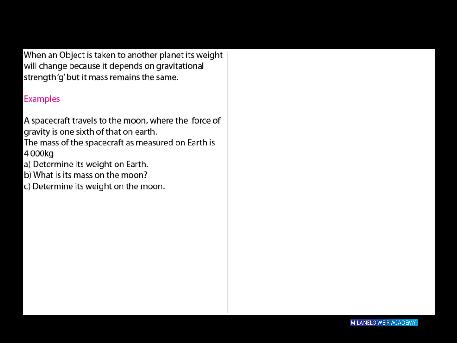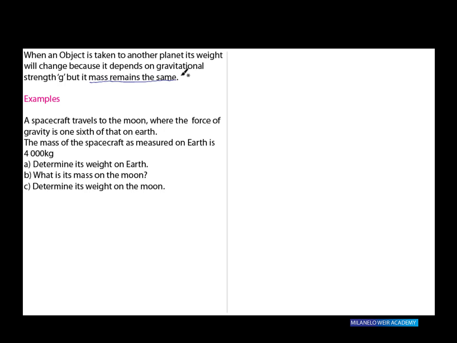So here now we are saying when an object is taken to another planet, its weight will change because it depends on the gravitational strength, g, but mass remains the same. Mass does not change. That's one thing we should always remember. Here's an example.